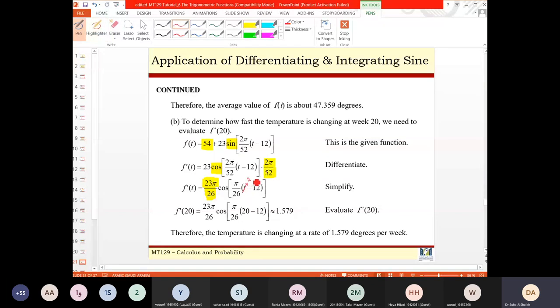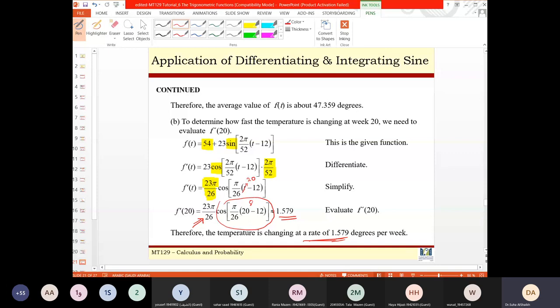I remove t and put 20 in its place. It will be pi over 26 times the cosine of 20 minus 12, and again you have to use your calculator here to calculate the cosine of pi over 26 of 20 minus 12. 20 minus 12 is equal to 8. So the answer after you multiply is equal to 1.579. So this is how fast the temperature was changing. This is the rate the temperature was changing.